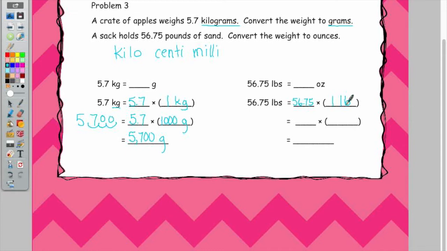Where do you think they came up with LB for pound? Yanelli, do you have an idea? Think of your native language. Oh, Spanish. Fernando, how do you say pound in Spanish? Libras. Oh, that makes perfect sense, doesn't it?